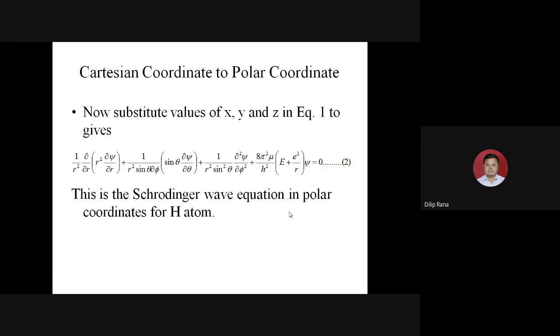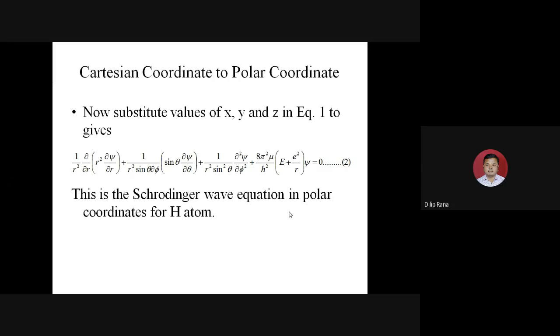And it again goes on to the next important property, that is the principal quantum number. If we know the radial wave function, we can have the information of the principal quantum number, that is n.